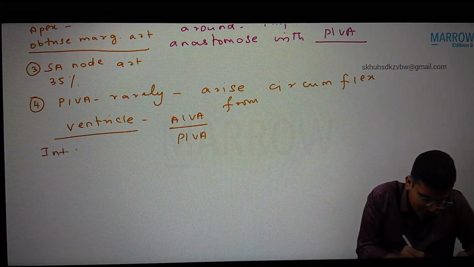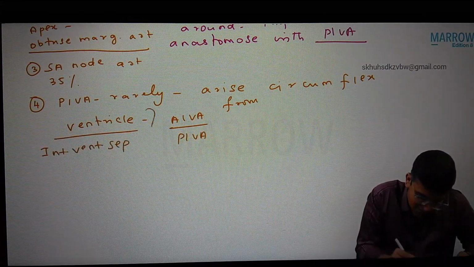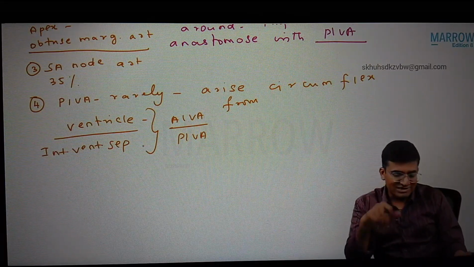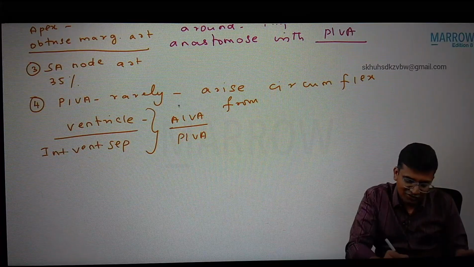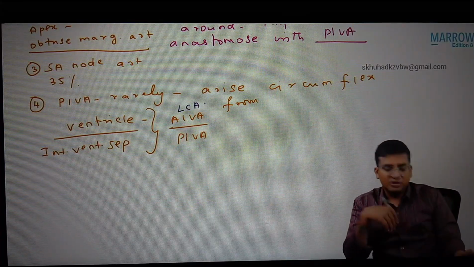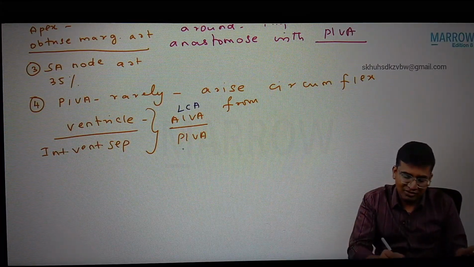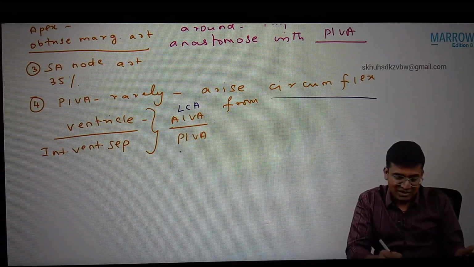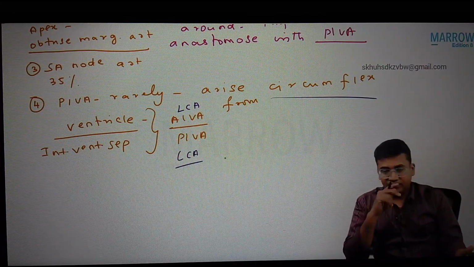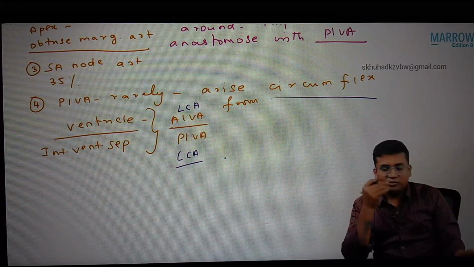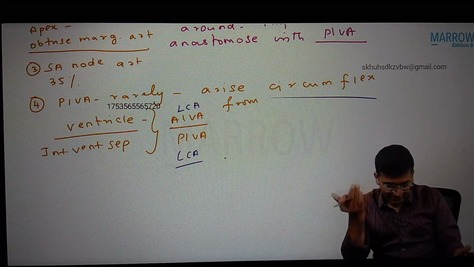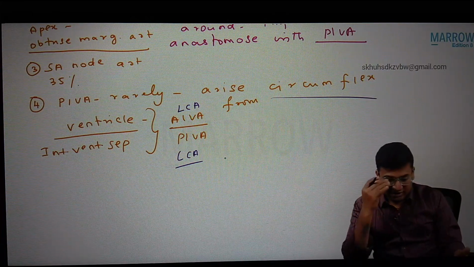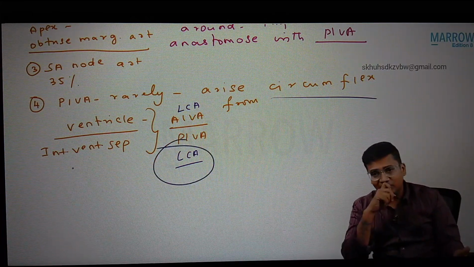Similarly, the interventricular septum is supplied by the anterior and posterior interventricular arteries. The anterior interventricular artery is a branch of the left coronary artery, and in this case the posterior interventricular artery is coming from the circumflex artery, which is a branch of the left coronary artery. So the entire ventricle and the entire interventricular septum are supplied by the left coronary artery.